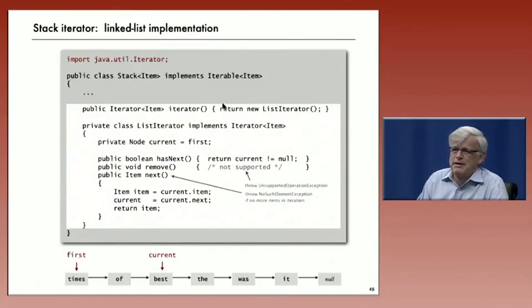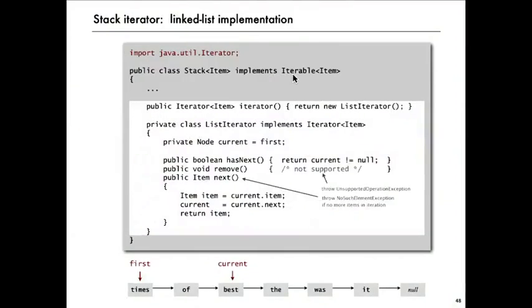So here's what it looks like for linked lists. It's got to implement Iterable. What does that mean? It's got to have a method iterator that returns an iterator. What's an iterator? We're going to use an inner class, in this case called ListIterator, that implements Iterator, and it's generic.